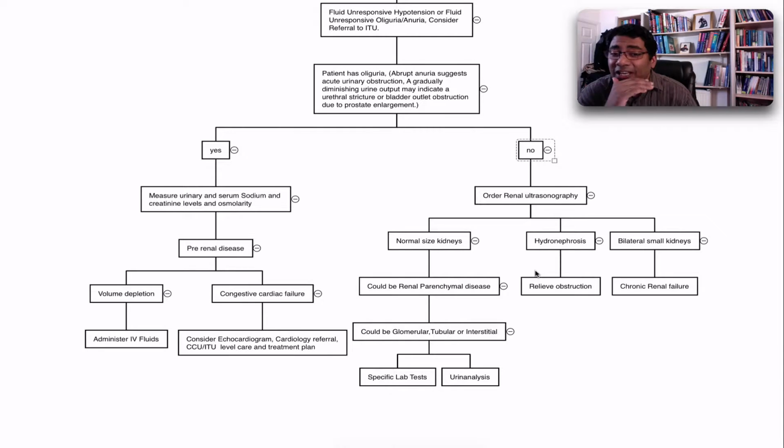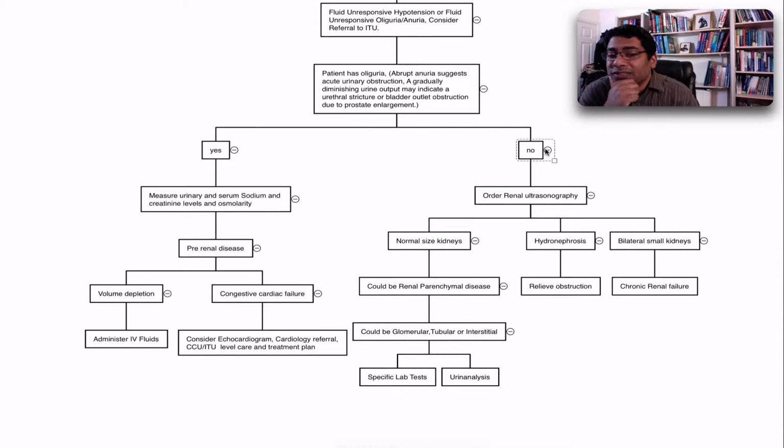Now, if the patient is anuric, we are going to the second part here. I would order a renal ultrasound as early as possible. If you find a normal sized kidney, it could be renal parenchymal disease, could be glomerular, tubular, or interstitial problems. A further specific lab test and urine analysis will help us clarify this.